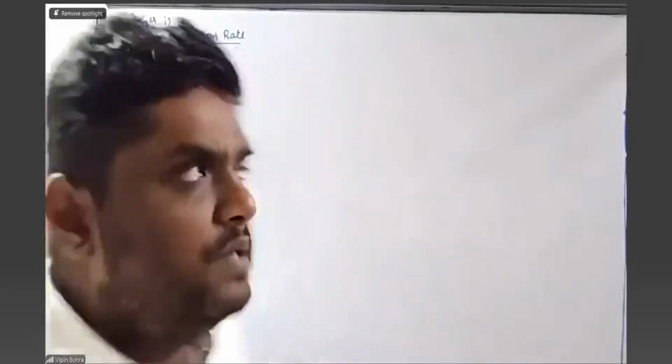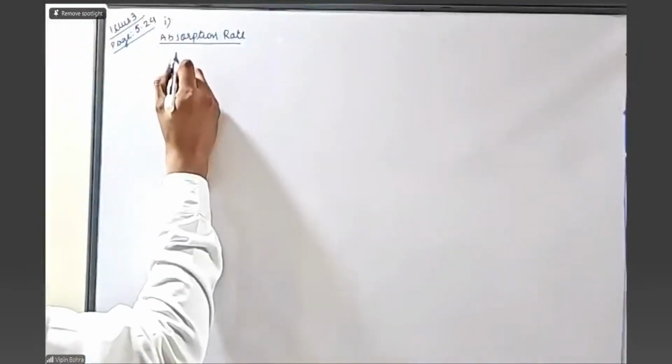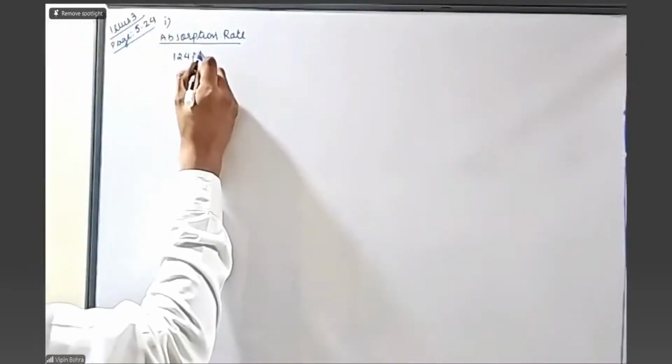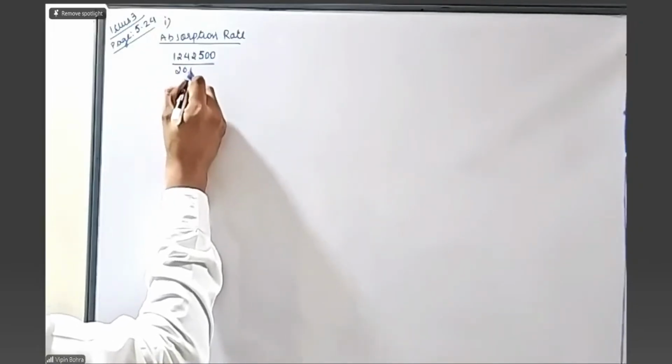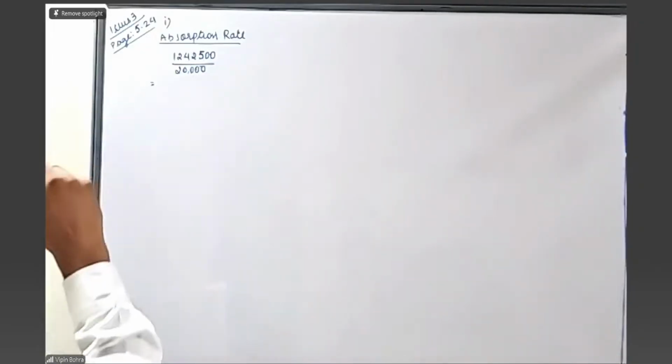So 12,42,500 divided by 20,000 gives 62.125, which will be my absorption rate.